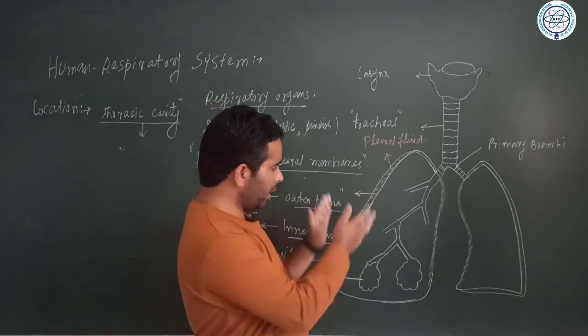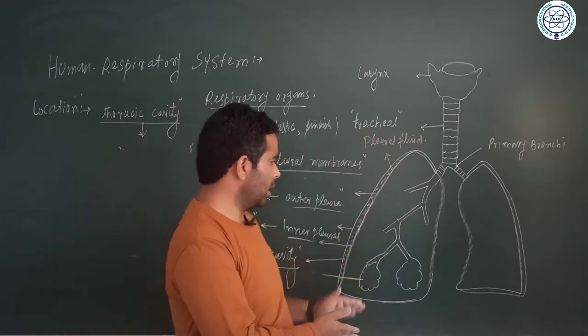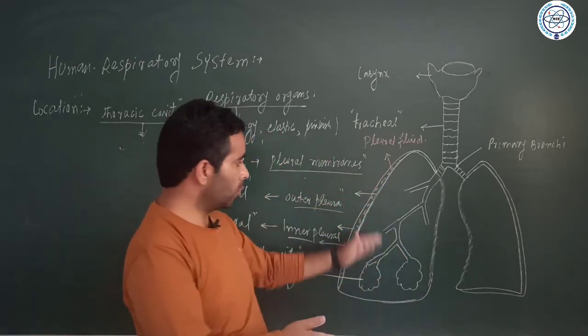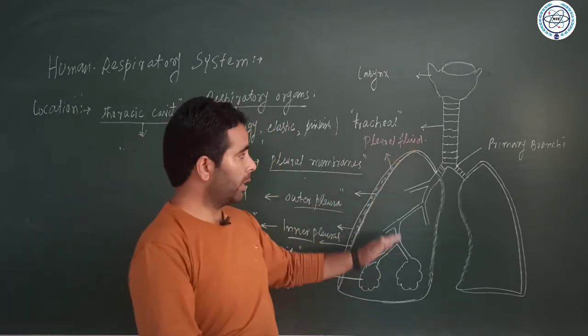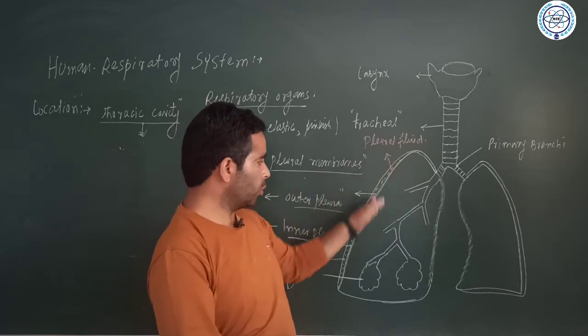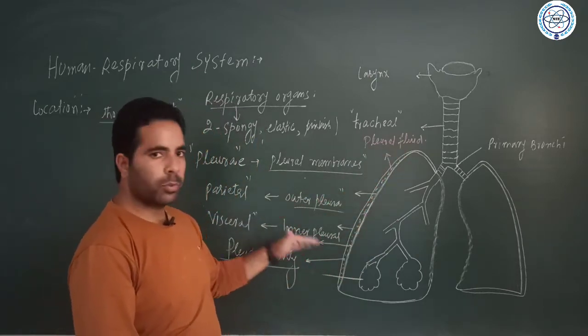For frictionless movement, there is a lubricant between the two membranes, known as pleural fluid. By the way, this fluid is itself produced by the same membranes, the outer pleura and inner pleura, right?